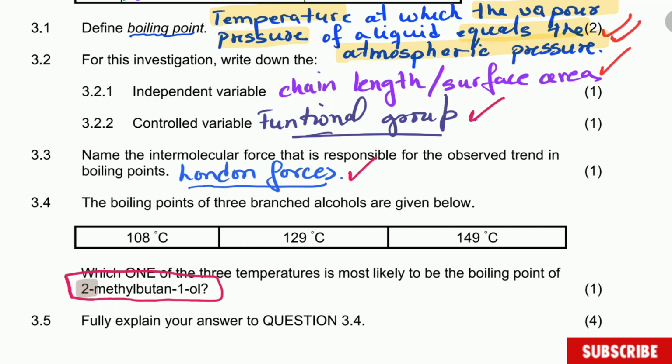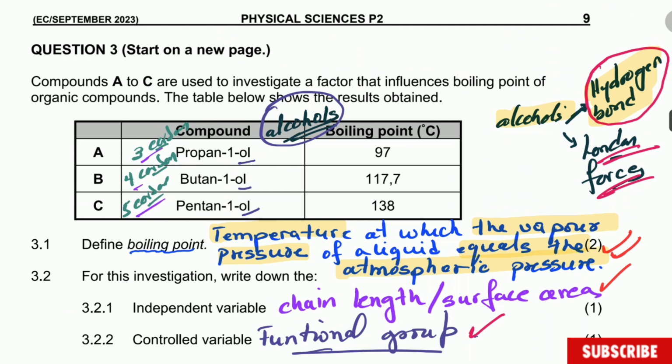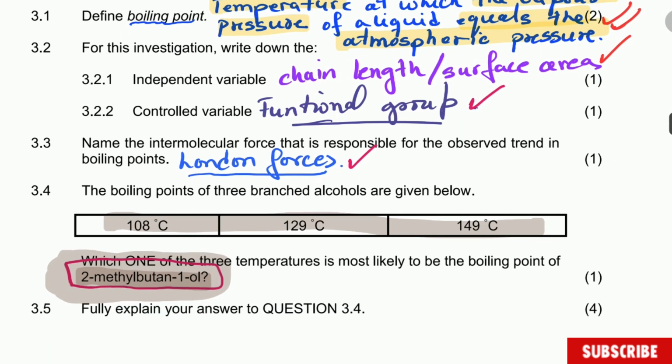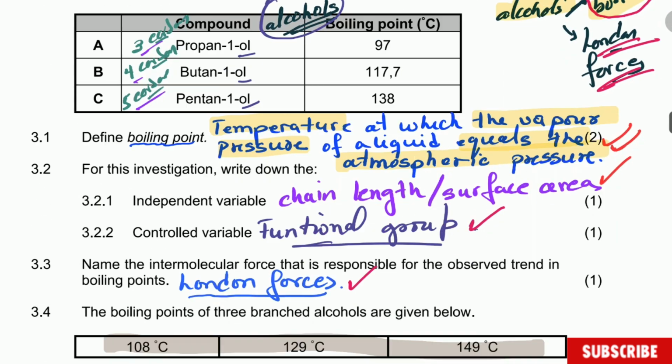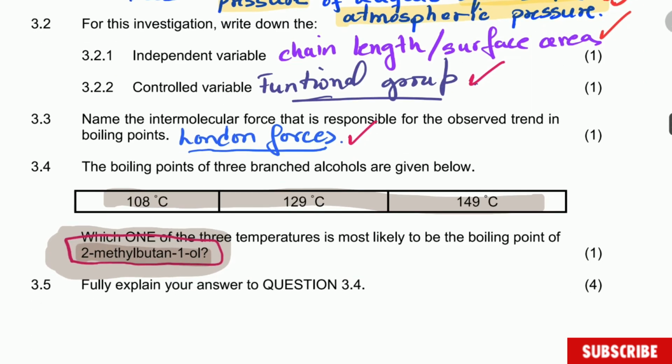We are working with this compound and they give us 3 boiling points to identify which one could be the boiling point for this compound, which is not in the table that we have there. So it could be tricky. Now, how are we going to approach this one? First of all, we are going to find out where we can allocate that compound in this table. All right, so we're working with but.